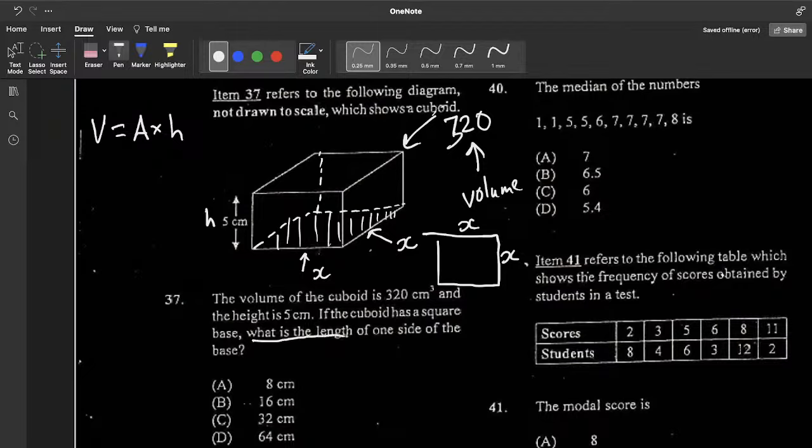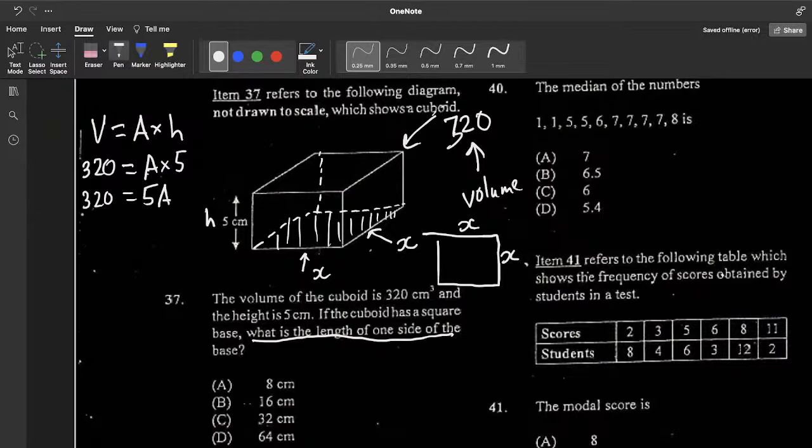Alright? And that's what we need to do. So first things first, I could substitute this v with 320. And I could say 320 is equal to a, which is the area, multiplied by the height. So in this case, the height is 5. So we are saying 320 is equal to 5 times a, which is 5a.